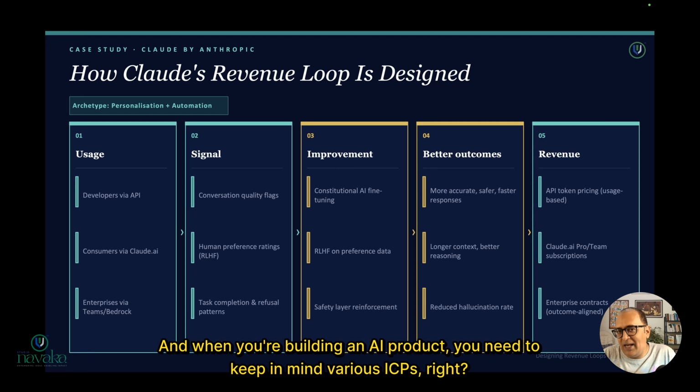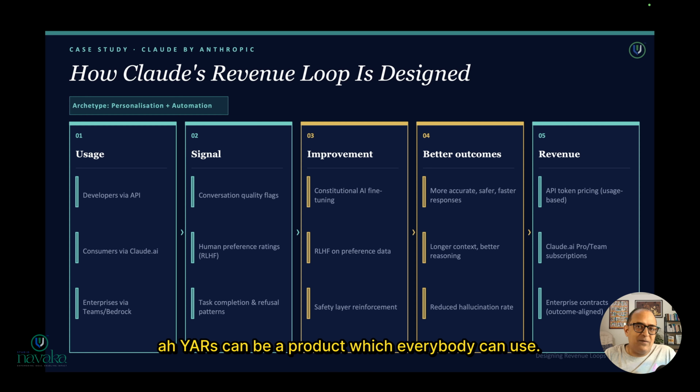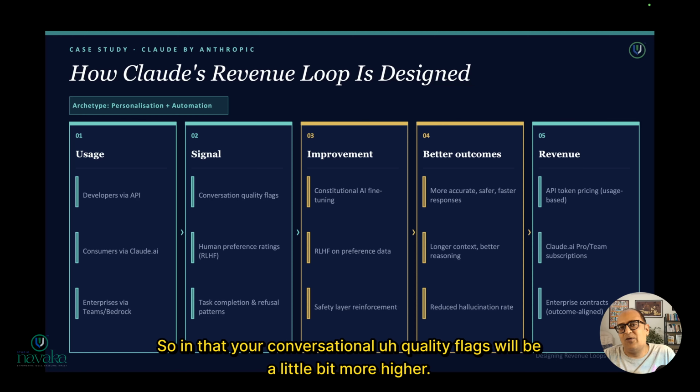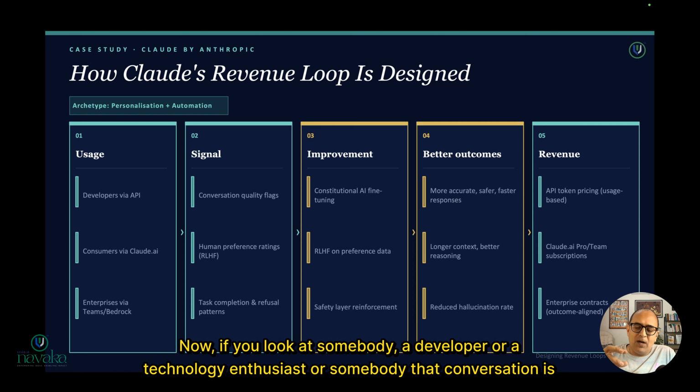And when you're building an AI product, you need to keep in mind various ICPs, right? Yours can be a product which everybody can use. People who know tech, don't know tech, or they just like WhatsApp, everybody can use it. So in that case, your conversation quality flags will be a little bit higher. Now, if you look at a developer or a technology enthusiast, that conversation is different.